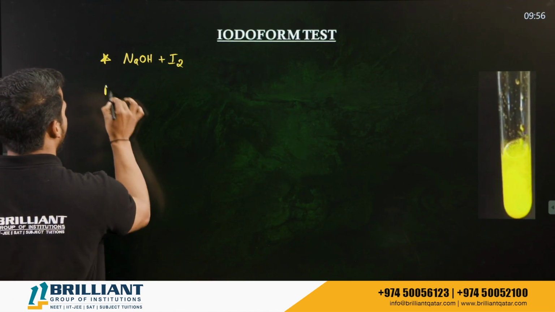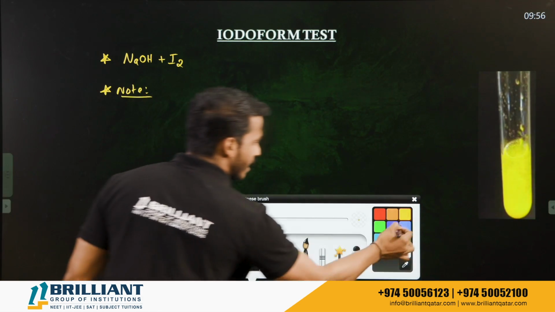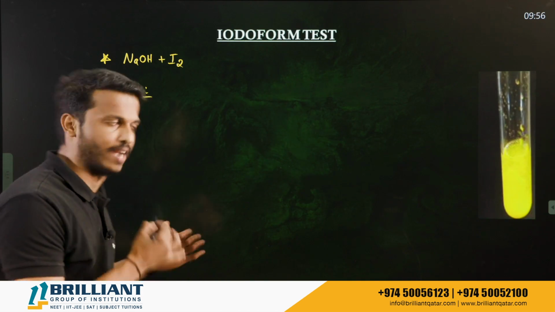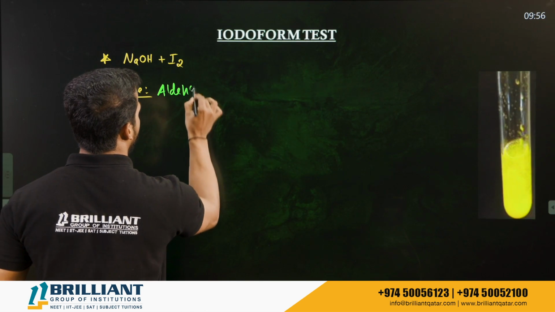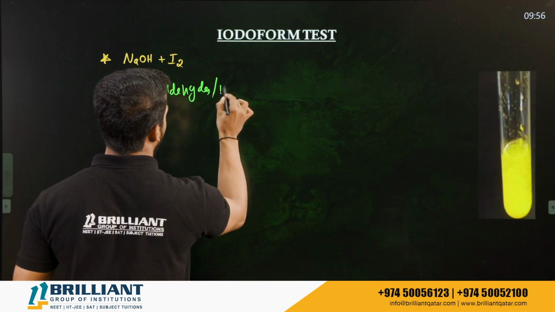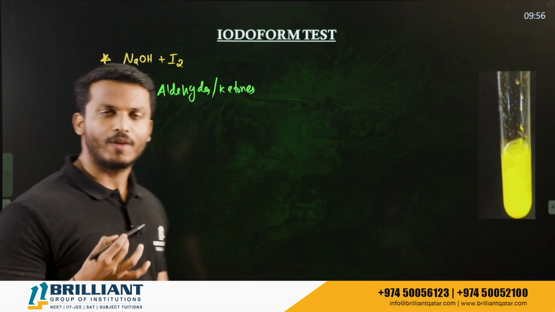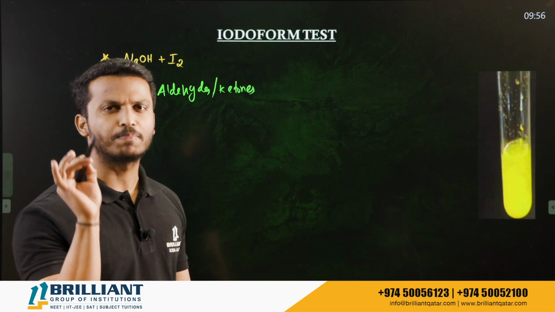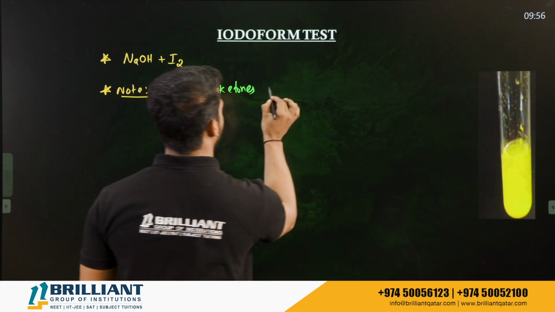See, next point: which compounds can give this test, dear all? Now we are dealing with the chapter on aldehydes and ketones. The iodoform test is given by both aldehydes and ketones, but they should contain a special group.